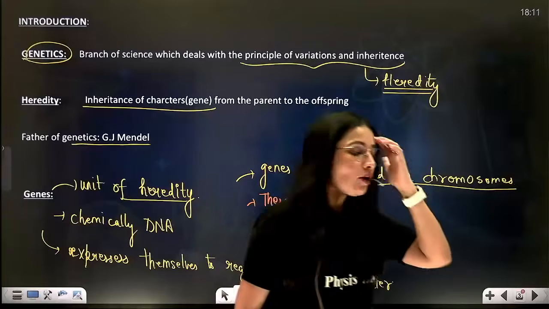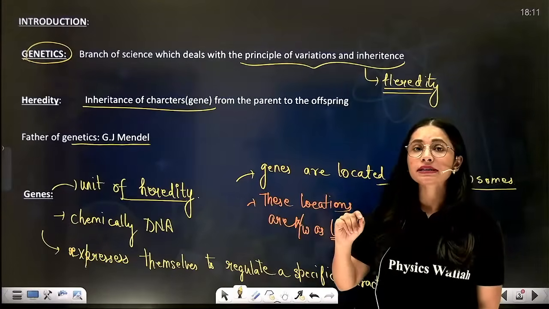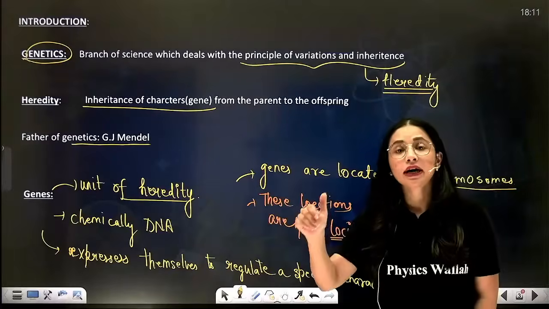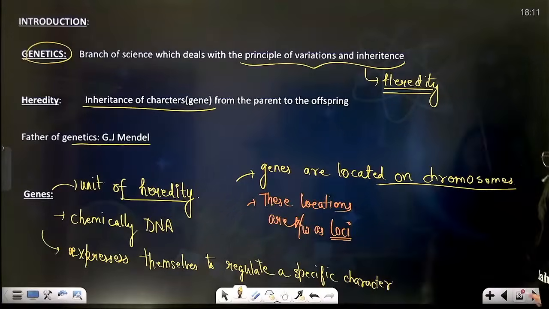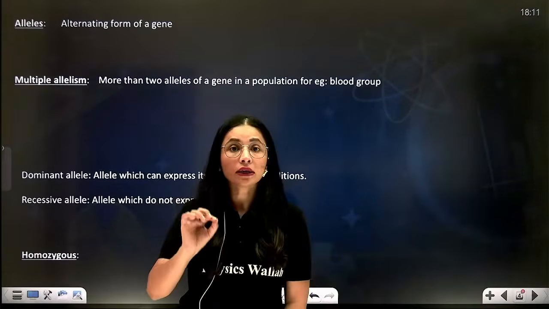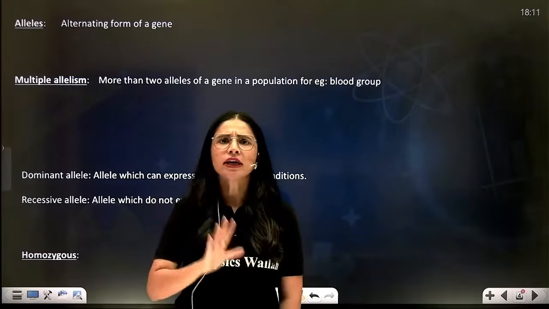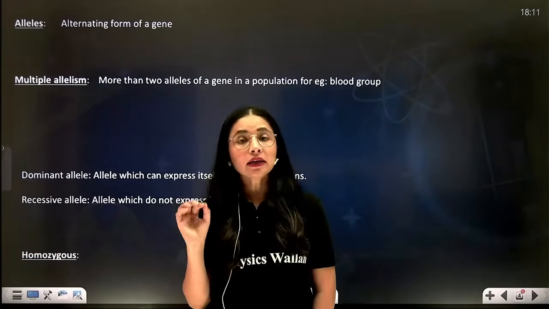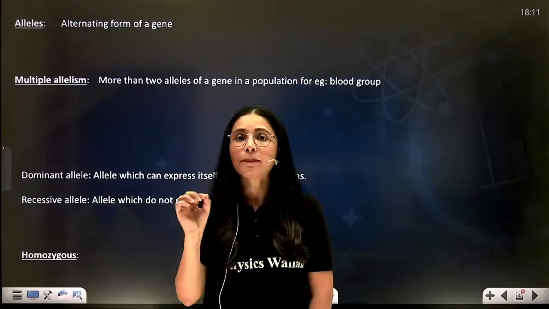Now, in a diploid individual, each gene is represented by a pair of alleles. So the next terminology after gene which you have to understand is alleles. Alleles are called alternating forms of a gene. Now, in a diploid individual, each chromosome is represented by a pair.